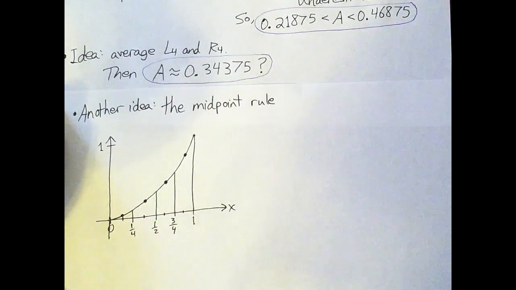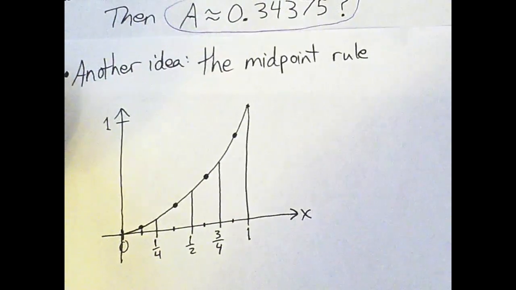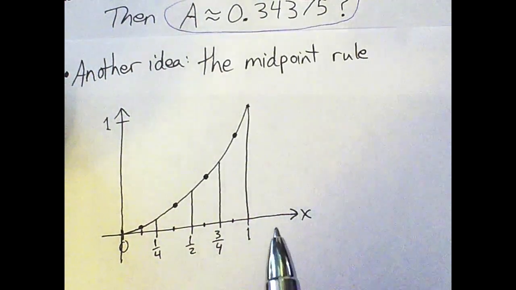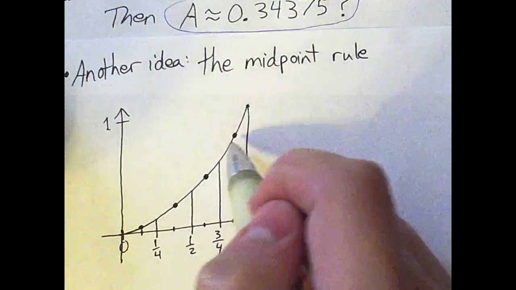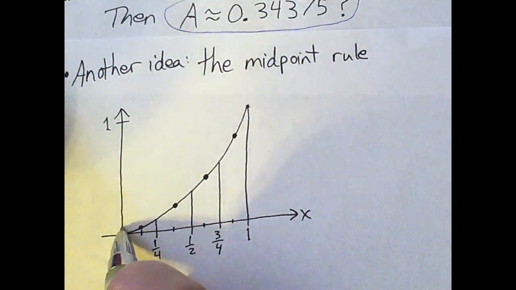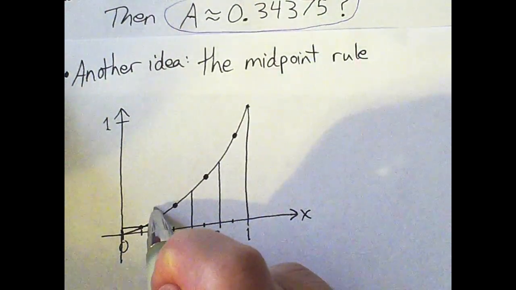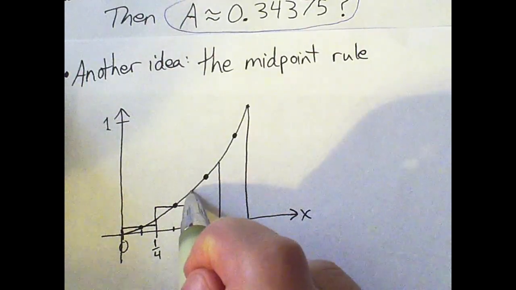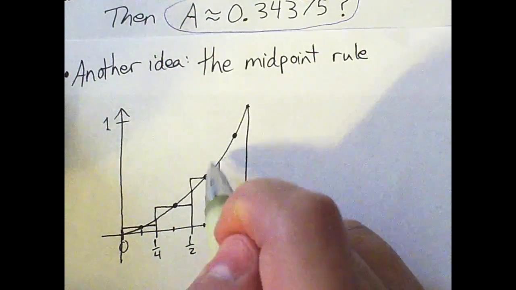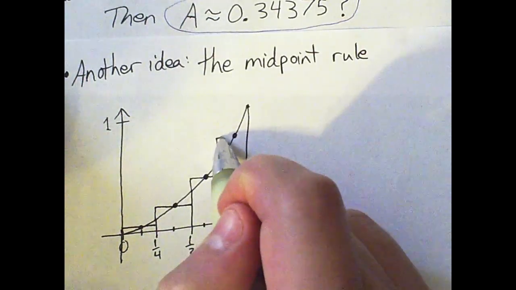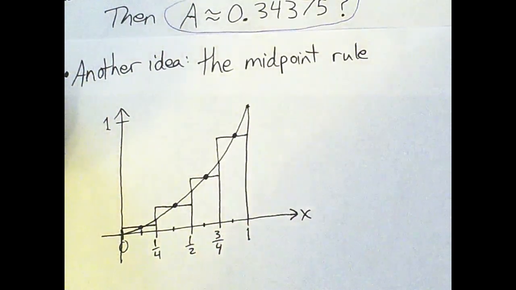Maybe I can zoom in on this. There we go. So these midpoints have these dots over them. And then I'm going to use those to create the tops of the rectangles. So a top of a rectangle here, here, here, and here.